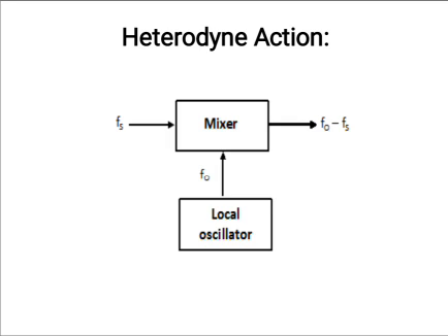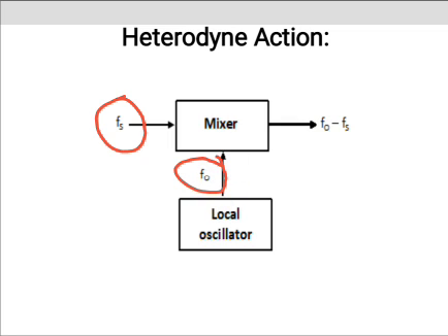That means the resultant of this mixing contains the sum and difference of the frequencies of the two input signals. One is Fs, that means the carrier frequency, and the other is F0, this frequency is produced by the local oscillator.